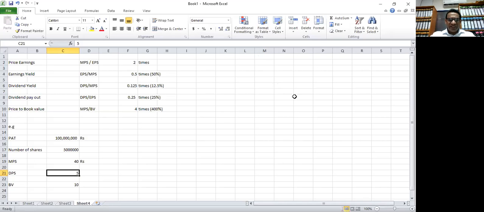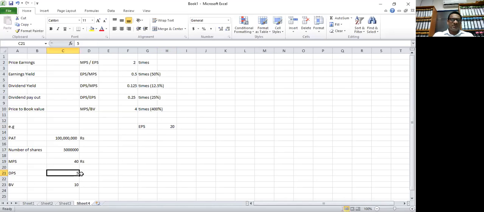On dividend payout: dividend payout is always from the EPS, or always from your profits. EPS is profit after tax divided by number of shares. EPS is 20, so out of 20 EPS you are giving a dividend of 5.